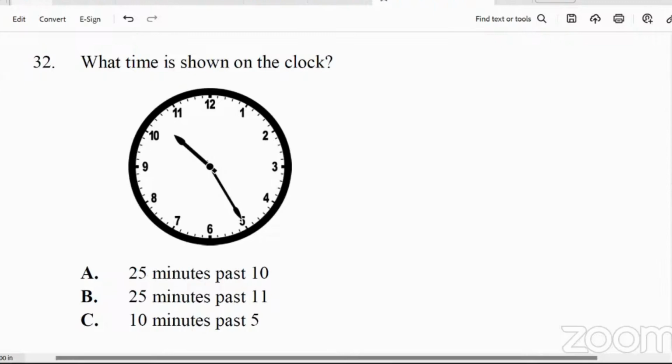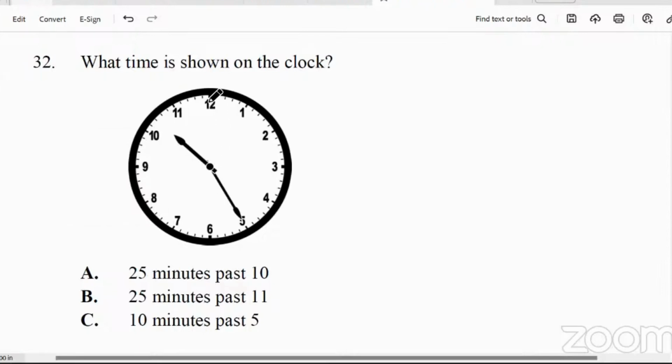So in this case, though, I'm just doing this practically for those students, this is grade 3. The shorthand has moved a little away from 10, but it's not yet at 11, okay? So when the clock moves 1 hour, it will go up to the next number. But in this case, we're still at 10 because it has not yet gone to 11. So it's now 25 minutes.